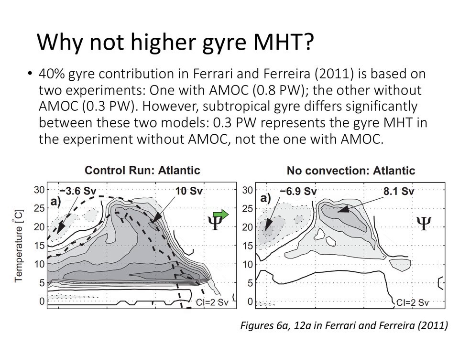But it's important to note that the subtropical gyre differs significantly between these two experiments. So the 0.3 petawatts represents the gyre contribution within the experiment without the AMOC, not here. Because clearly you can see the subtropical gyre here is very small.